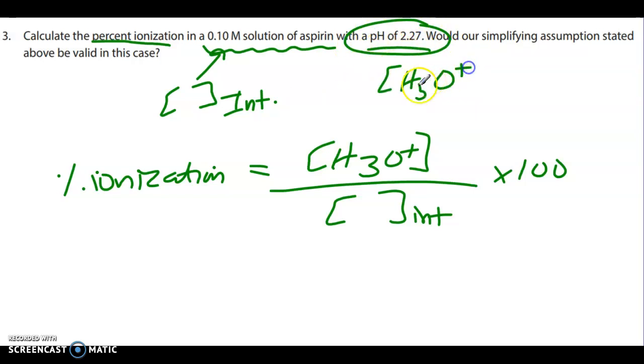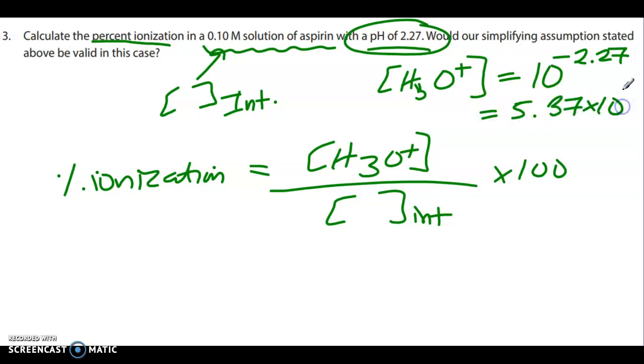So we can do this, and this is at equilibrium because remember, if they give us a pH or pOH value, it is assumed to be at equilibrium. So 10 to the negative pH, or negative 2.27, will give us a hydronium of 5.37 times 10 to the negative 3 moles per liter.